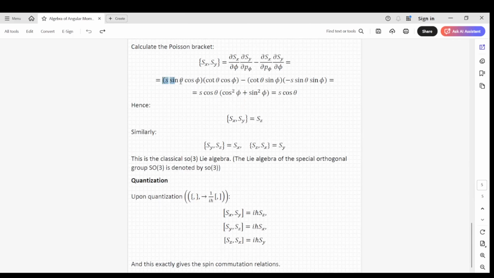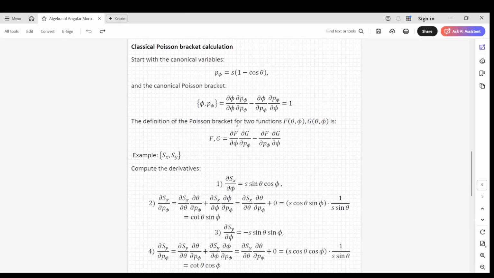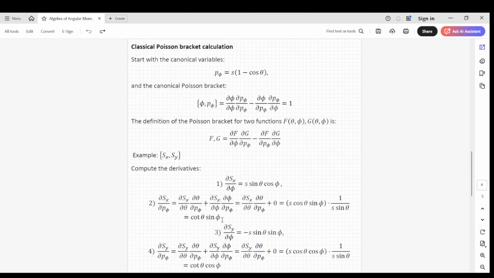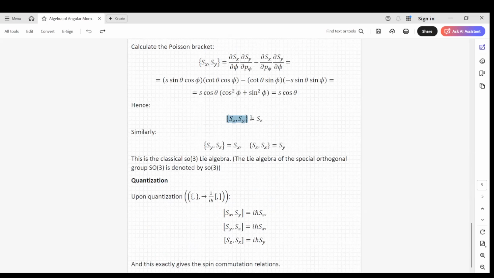In this case, you have to go through a little bit of a calculation, and what you get is s cosine theta for this Poisson bracket, but that's equal to s sub z. And s sub z, indeed, if you check these definitions here, is s cosine theta. So you get that the Poisson bracket between s x and s y is equal to s z.